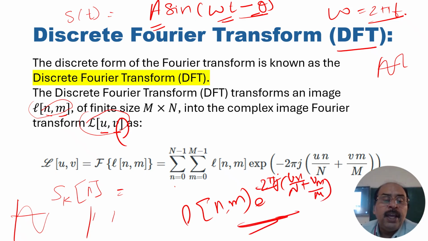This is the way we are going to convert the quantities of the image, which is in terms of n comma m, into sinusoidal and cosine forms. So this is called the discrete Fourier transformation of an image.